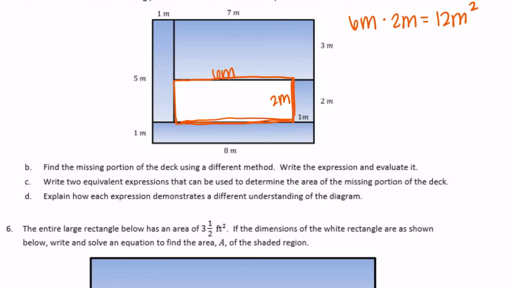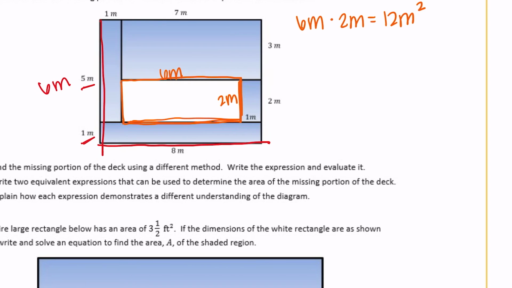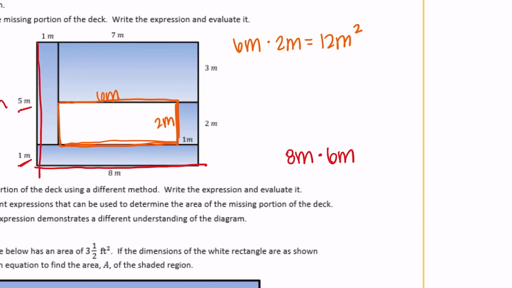So let's do the area of the entire rectangle. So 8 meters by 1 meter and 5 meters would be 6 meters. So let's do 8 meters times 6 meters.